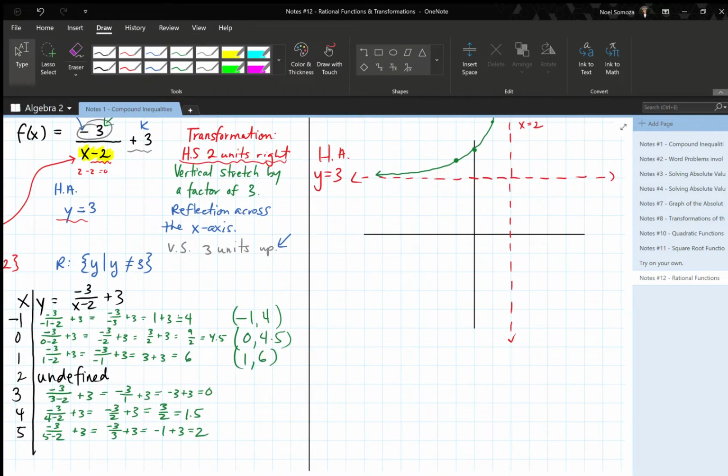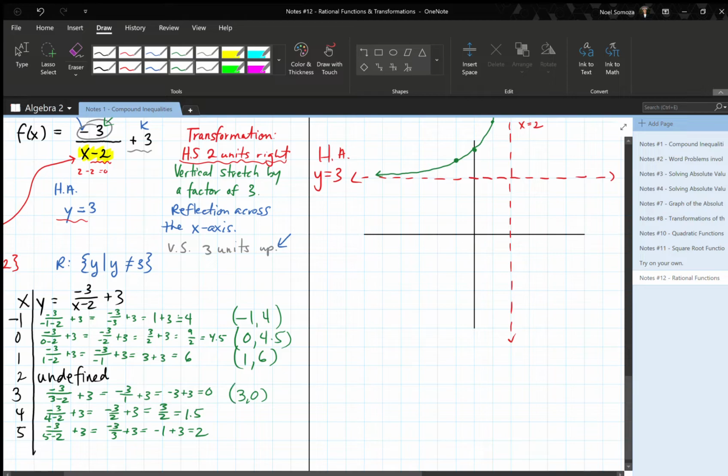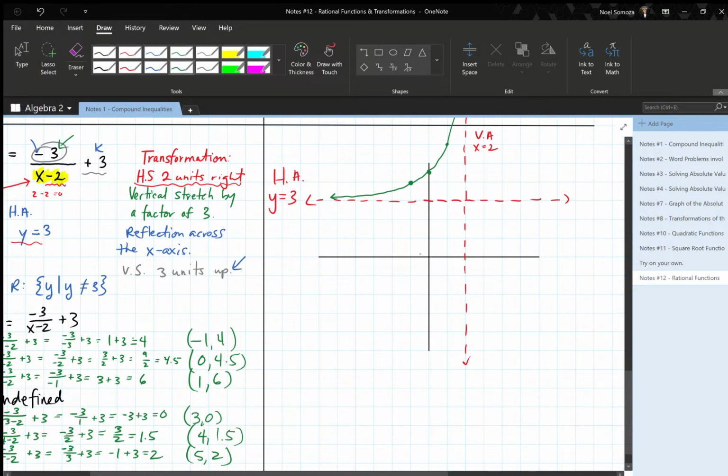I have the point 3, 0; 4, 1.5; and then 5, 2. So 3 to the right and at 0, then 4 and 1.5, here, and then 5 and up 2. Then I can see the curve is doing something like that.